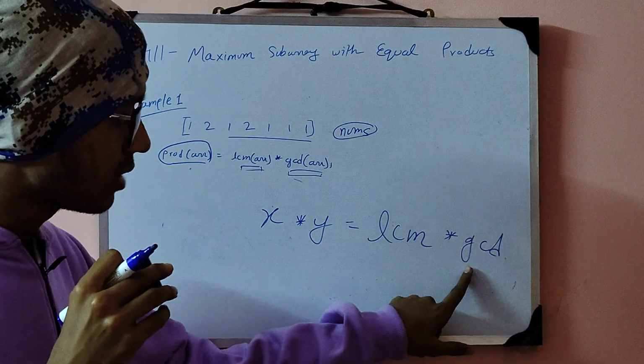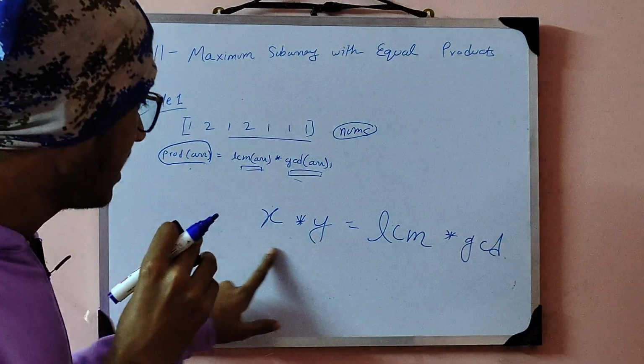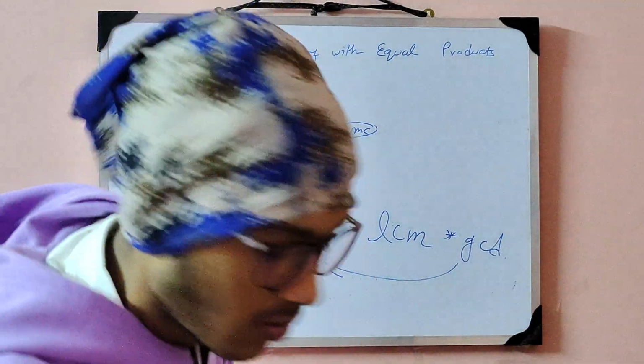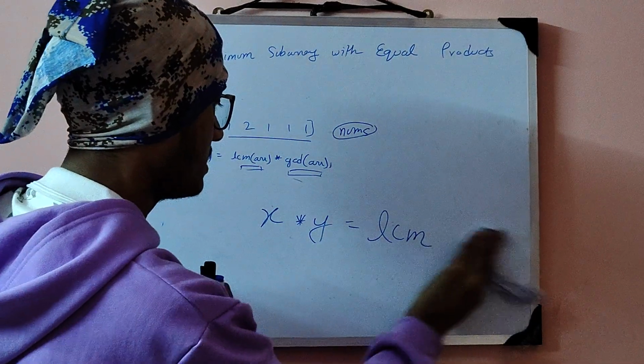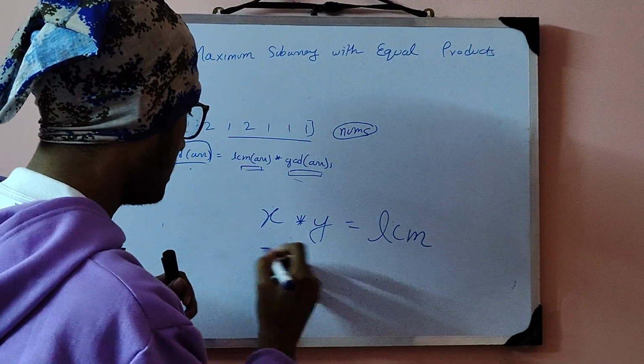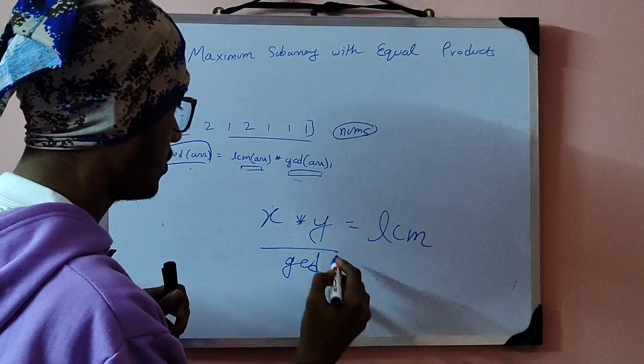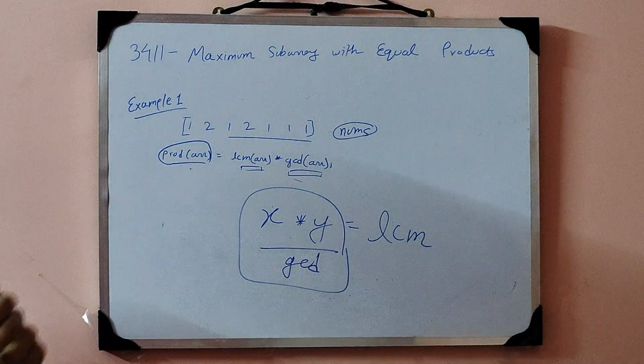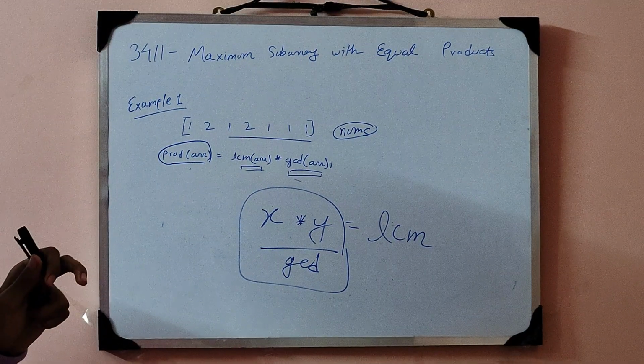We just need to get its GCD and divide by it. If GCD comes to this side, what you will get is LCM. So LCM will be x multiplied by y divided by GCD. That will be our LCM.